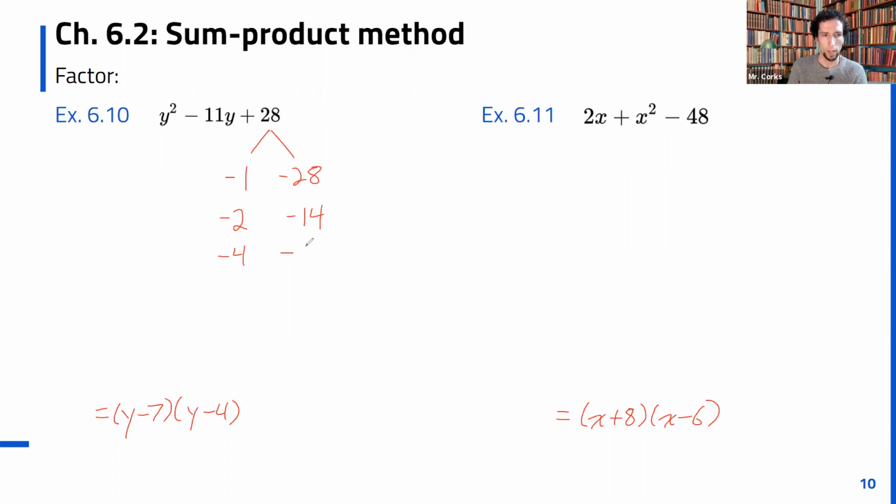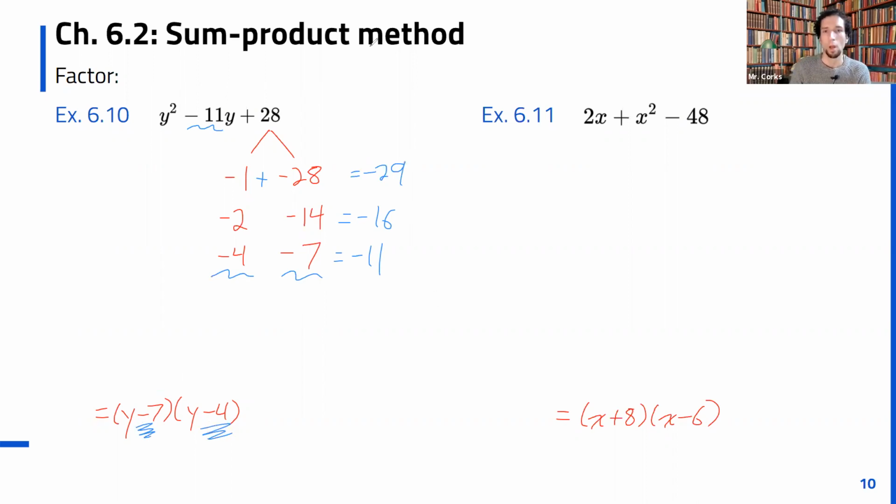Okay, -4 and -7 here. So we just add them together. -1 plus -28 is -29. This one, -16, no. But this one, -11. Okay, that's what we're looking for. So there's our -7 and our -4.